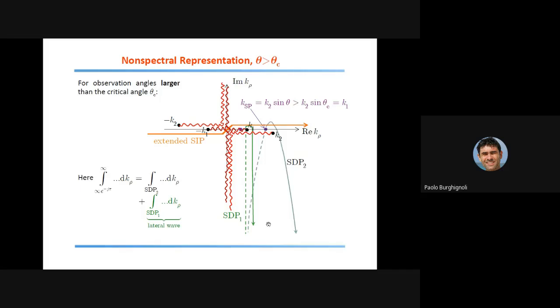In order to connect the path at infinity with semicircular arcs, you need to introduce this additional green vertical steepest descent path, which is by definition the lateral wave, since the lateral wave is by definition the steepest descent contribution that is associated with the wave number in the medium where the source is not present. So in this case, the wave number of the upper half space, whereas the source is in the lower half space. Let's see what's the role of this lateral wave.